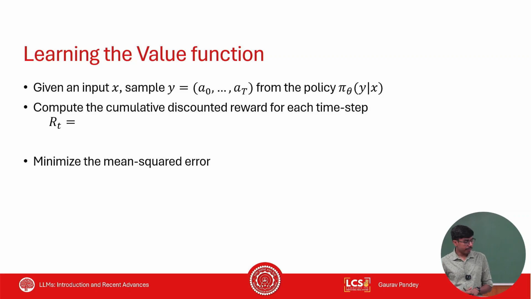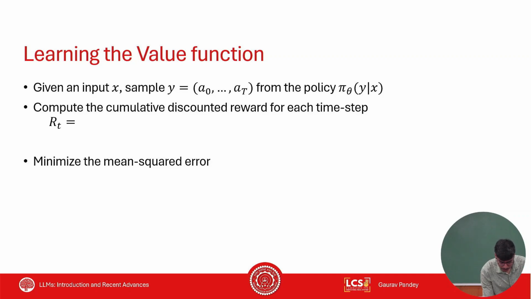Okay, so how do you learn the value function? You have an input x, and you sample an output y, which is a sequence of tokens a0 to aT from the policy. The value function is basically the average reward you will get if you keep running the policy from that point. So you run the policy, get a sample, and compute the cumulative discounted reward at each time step.